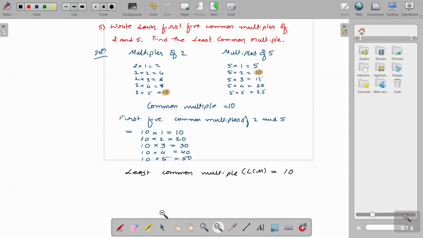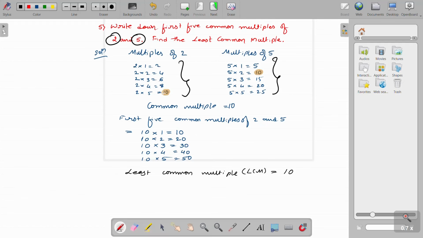So let's understand this briefly. I will explain it once again in just 1 minute. Just look at the steps. First, to find the first five common multiples of 2 and 5, we have to write the multiples of 2. So here I took 5 multiples of 2 and then I wrote 5 multiples of 5.